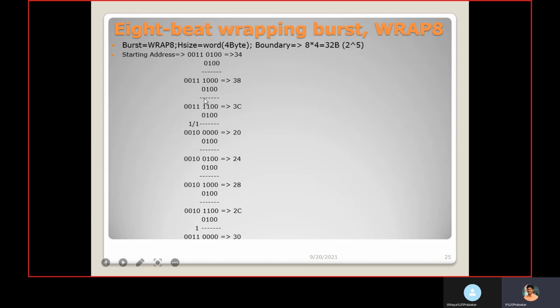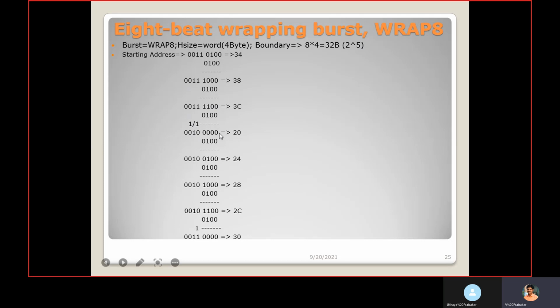So if we perform 1 1 plus 1, it gives 1 0 0. Here it is 1, so 1 plus 1 is 10. Only up to 5 bits is acceptable.